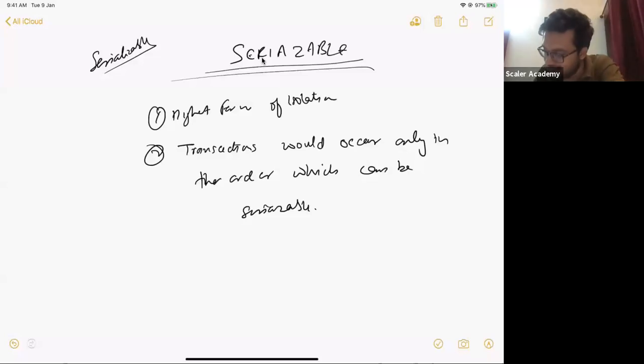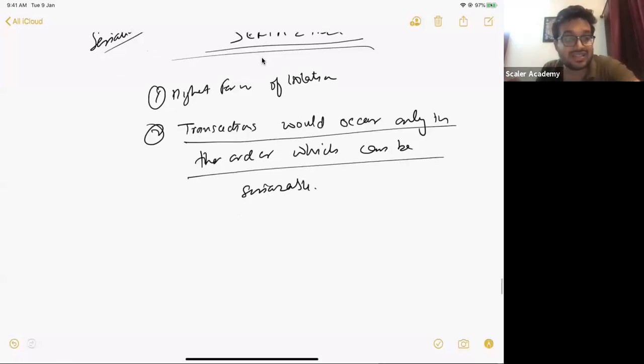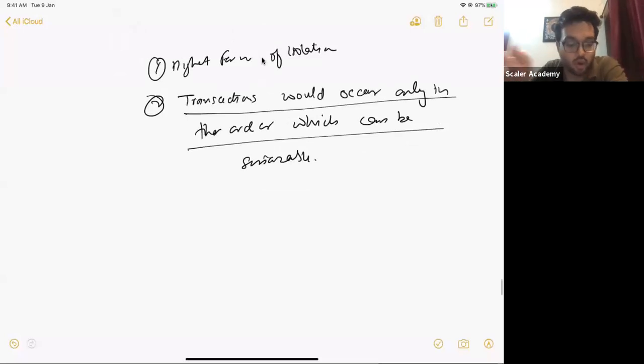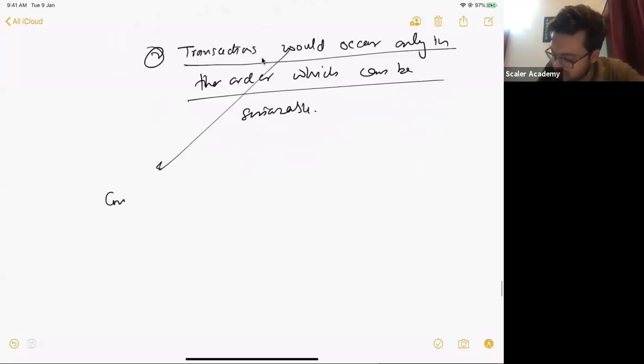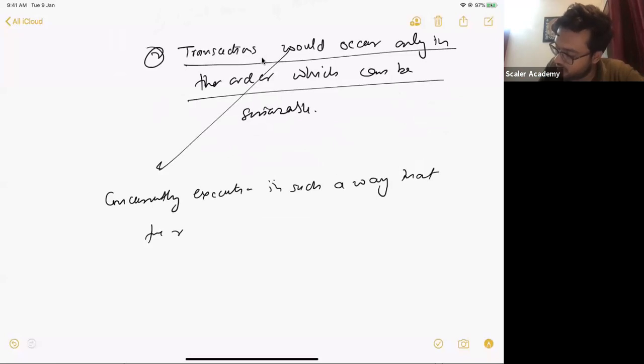So the point here is that the transactions will occur only in the order which is serializable. That basically means the execution of operations would look as if they were executing serially. You will still be executing operations concurrently, but in such a way that the result will be the same as if they occurred serially.